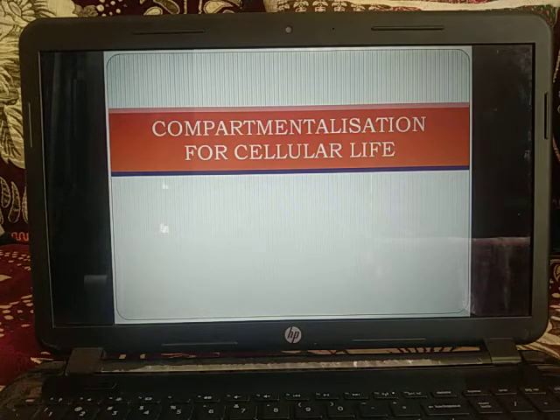Next we have interconnection. Compartmentalization helps the cell to maintain its individuality. However, cells of a multicellular organism do not remain isolated. Cells of plant tissues are often connected with one another through cytoplasmic bridges, and that is called plasmodesmata.